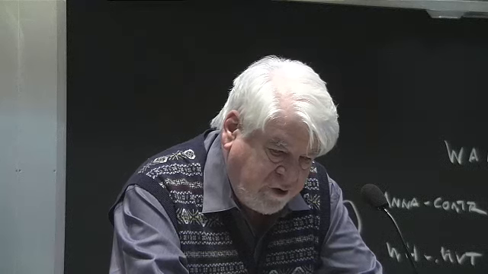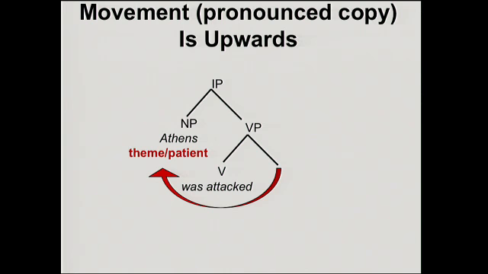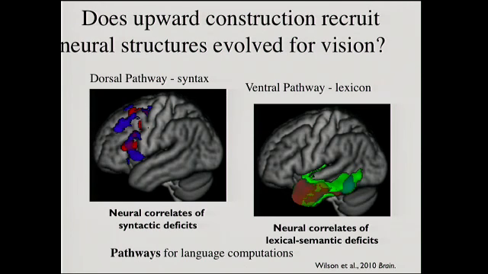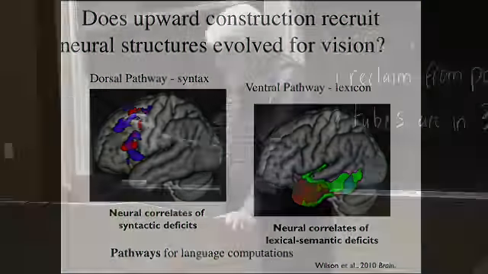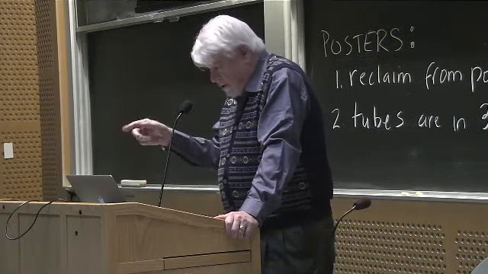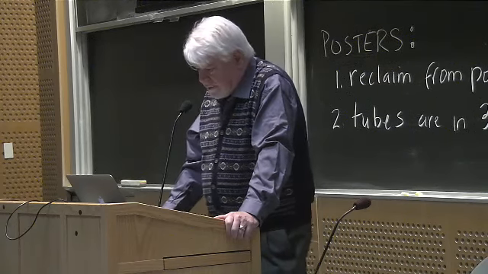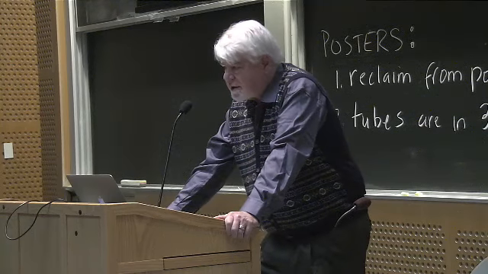What has interested me, and again this is for further research, just beginning to attack the problem, is the possibility that the mechanisms recruited neurologically to represent and organize and compute upward processes, meaning processes from a more embedded portion of structure to a less embedded one, moving up the tree or creating the tree from bottom up, depending on your point of view, are basically derived from, or parasitic on, mechanisms that evolved over a long period of time for vision.